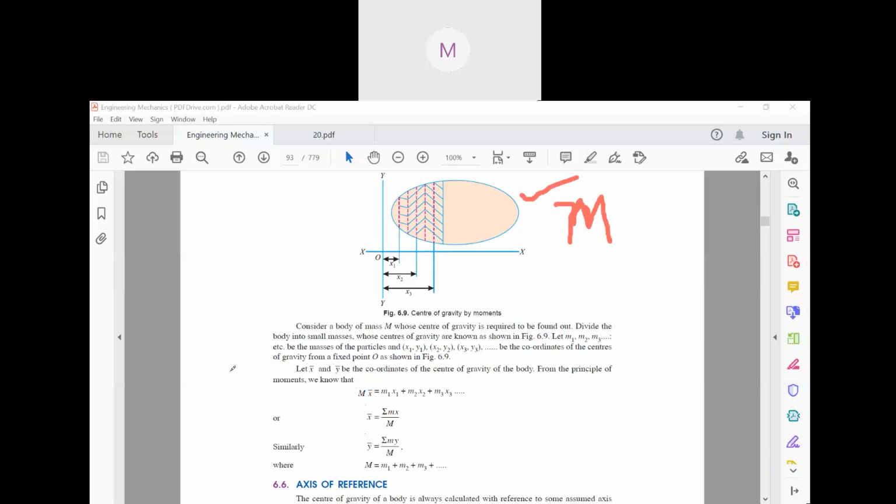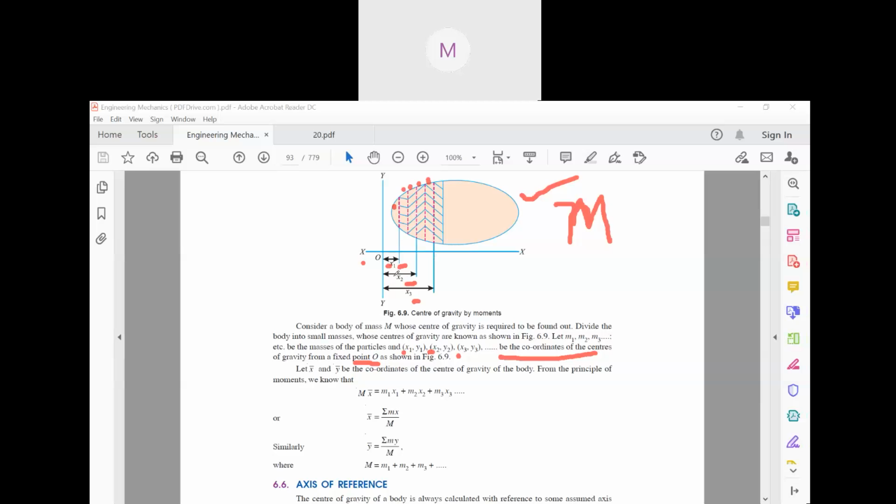Now let x1 y1, x2 y2, x3 y3 be the coordinates of the centers of gravity from a fixed point O. If these are the small masses, then x1, x2, x3 are the coordinates from the fixed point O in x direction. So this is assumed like that.